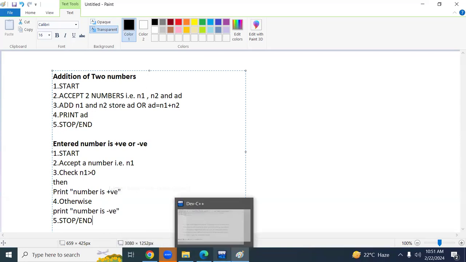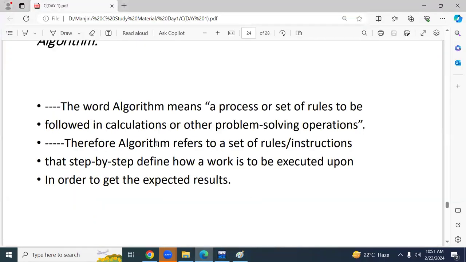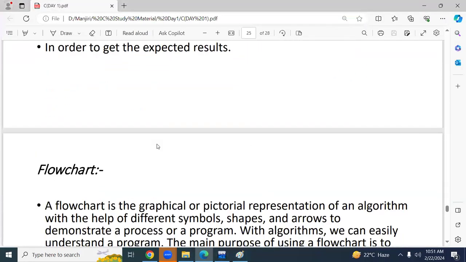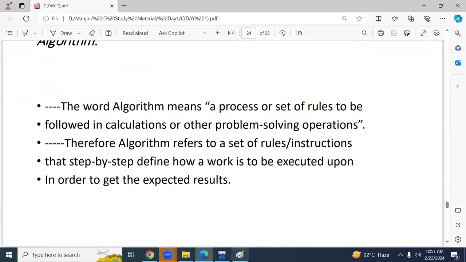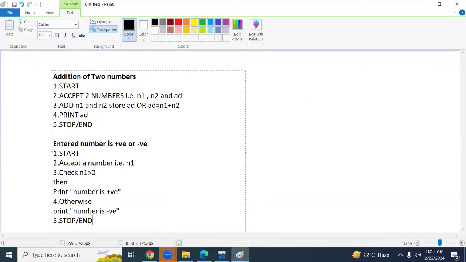Now we are moving to the next thing. What is the flowchart? If you see, guys, this is a very theoretical thing. Currently there are very simple problems, so you can read and understand them very easily. But sometimes the problem statements are very big, maybe taking 4 to 5 pages.